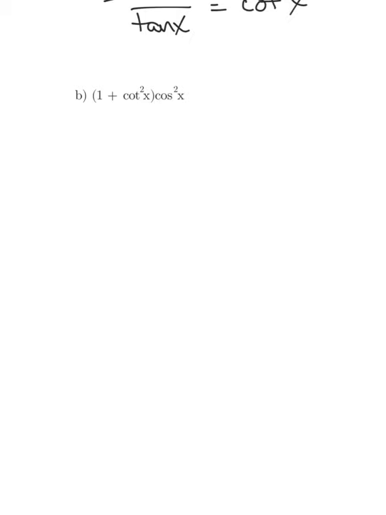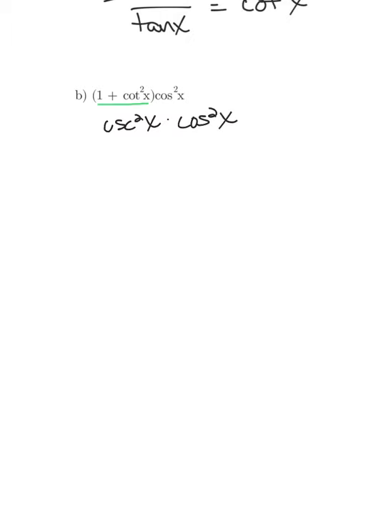On example B, we have the quantity of 1 plus cotangent squared of x times cosine squared of x. The thing that you need to recognize on this one is that 1 plus cotangent squared is one of the Pythagorean identities. 1 plus cotangent squared equals cosecant squared of x, times cosine squared of x.